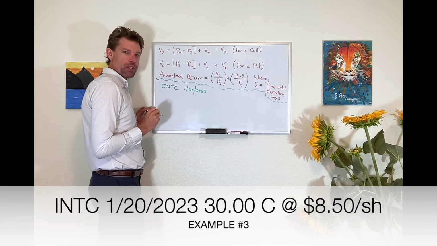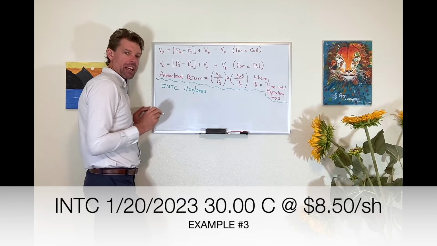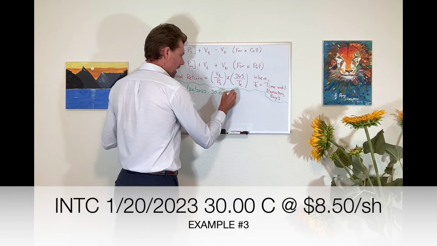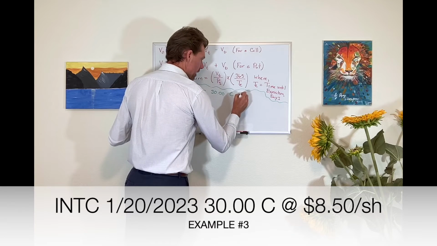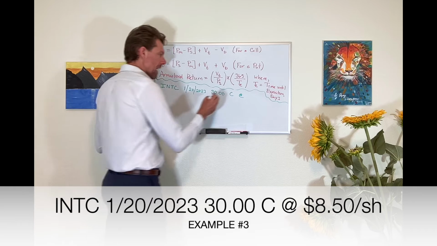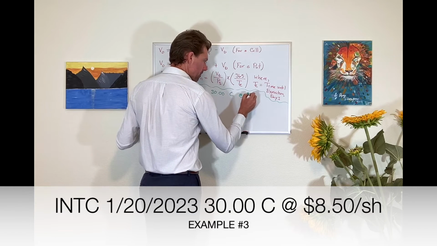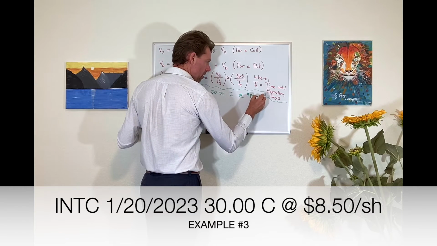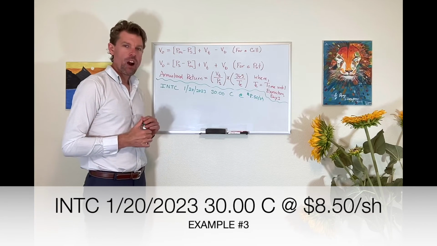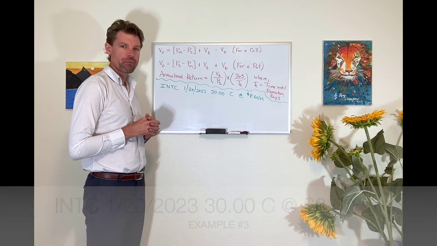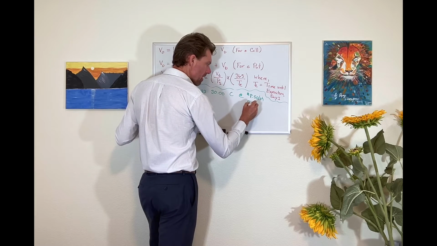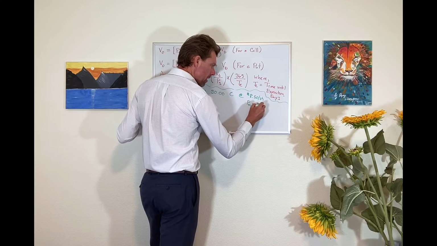Okay, that's the expiration date, at a strike price of 30. And again, this is a call, and the value of this option contract is $8.50. And that is the true value of the option as I look it up today on the options market. Okay, the current market price is $37.